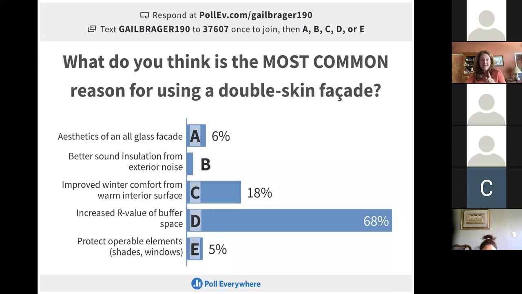It does that, but it's not the most common reason. So try some other guesses, knowing that, yes, it does do D, but that's not what's motivating people to do it. Any other guesses? That means everybody who voted D should guess something else, and I should see that bar going down.